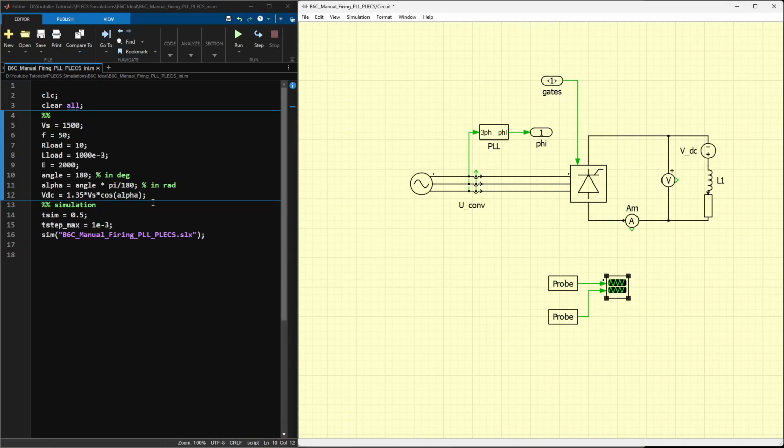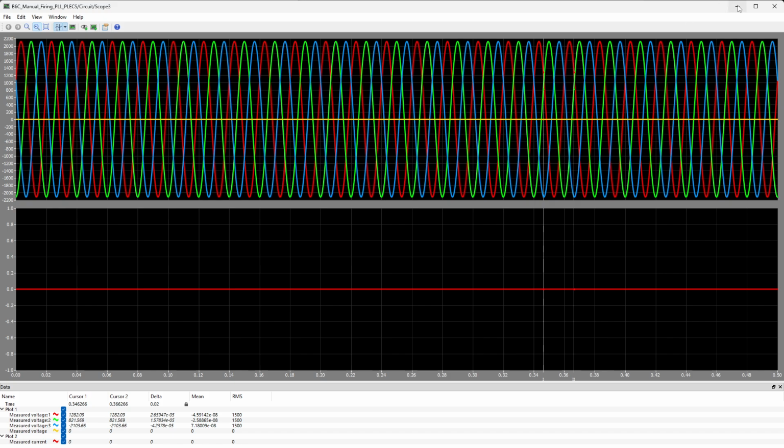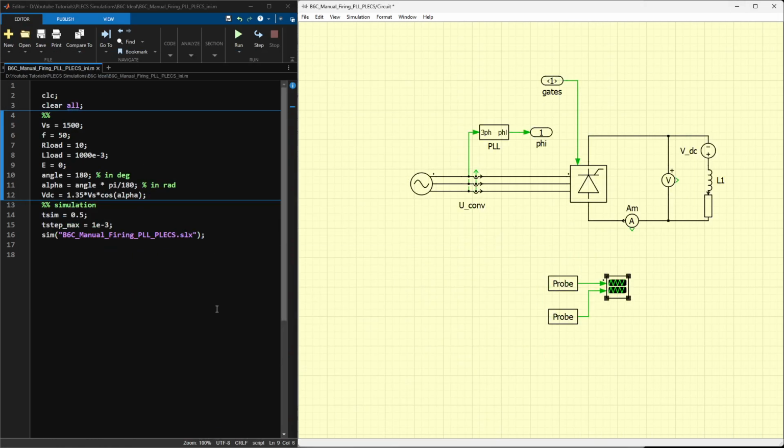To see that extreme inversion, let's take the source voltage to be 0 and check if it is, okay, it is now 0, shouldn't be. To see the effect of this inversion with a lossless converter system at 180 degrees, it should give a DC value calculated according to this formula.